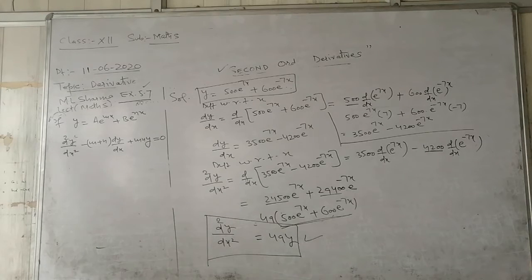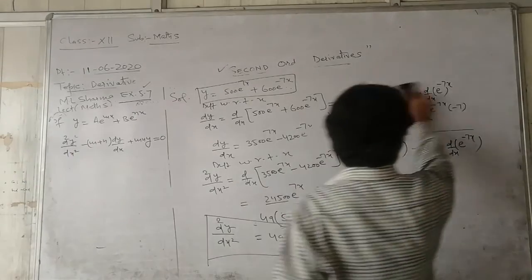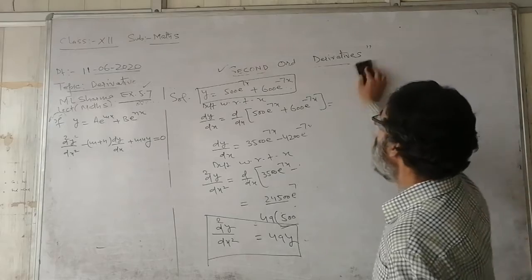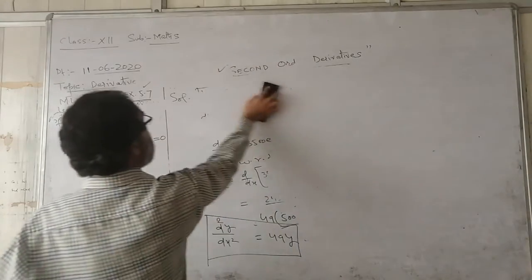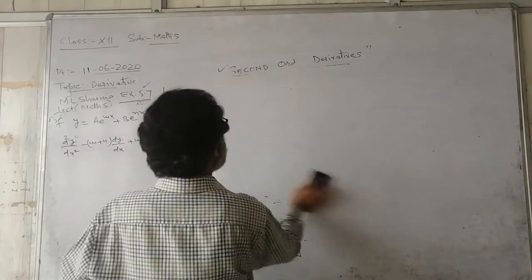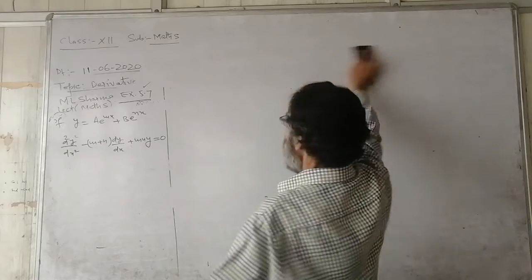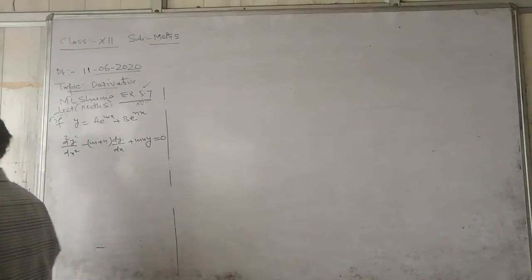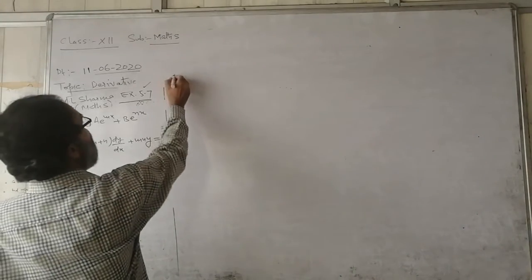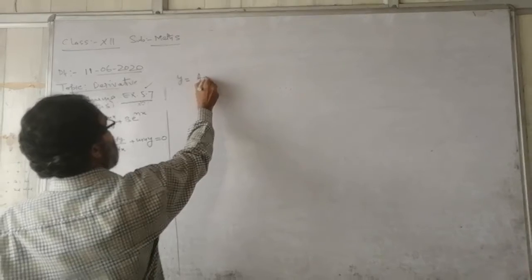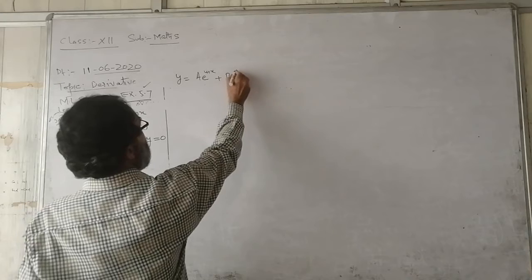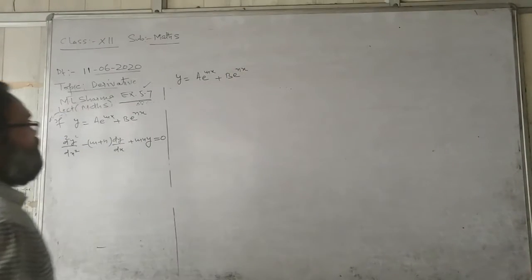So this is a bit lengthy question. Here we are given y equal to a e raised to power mx plus b e raised to power nx.